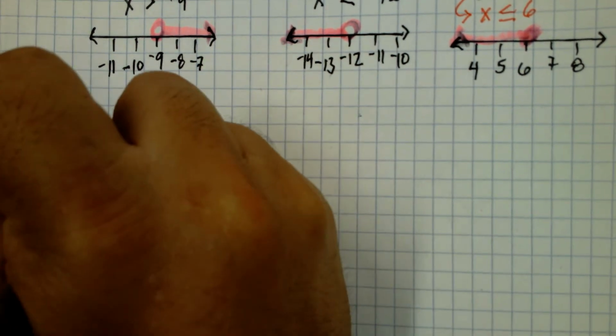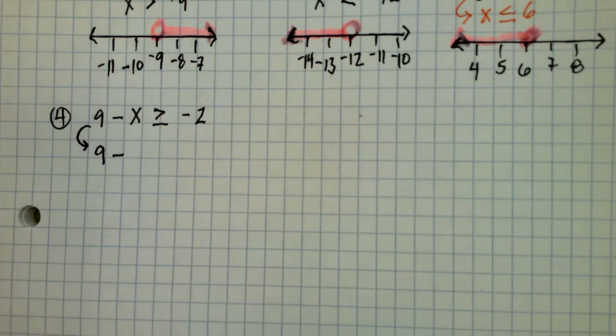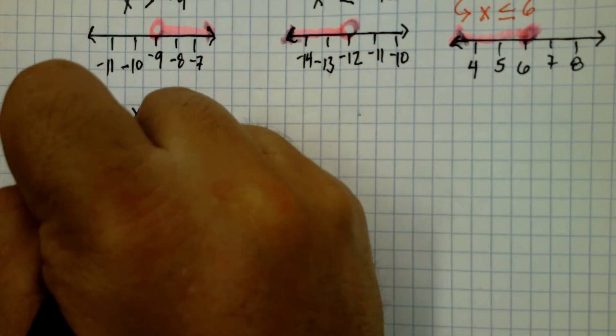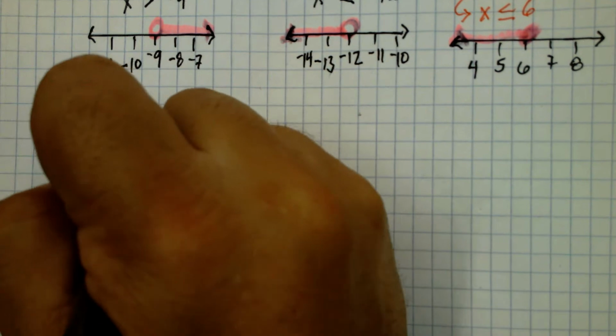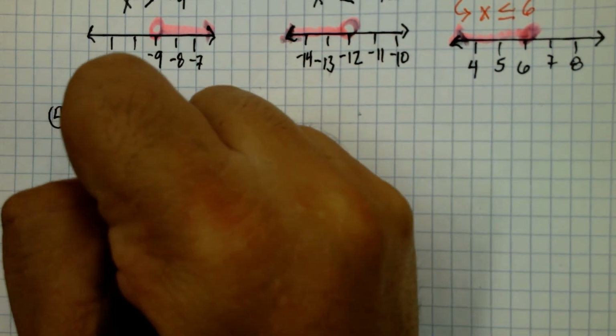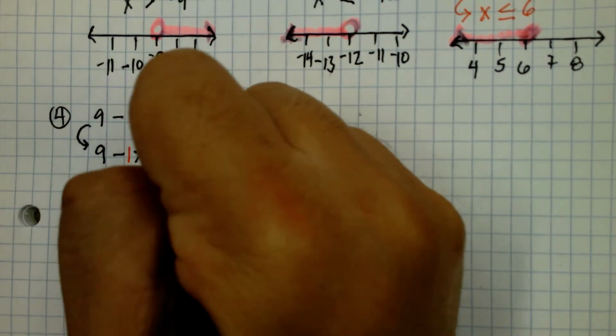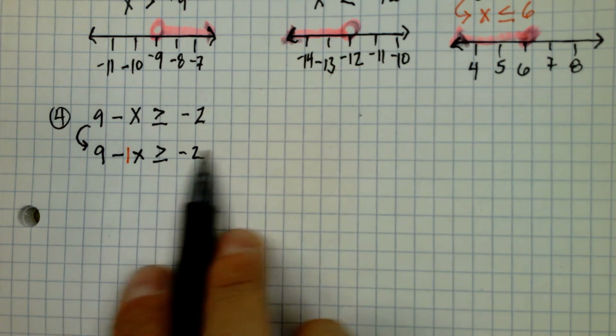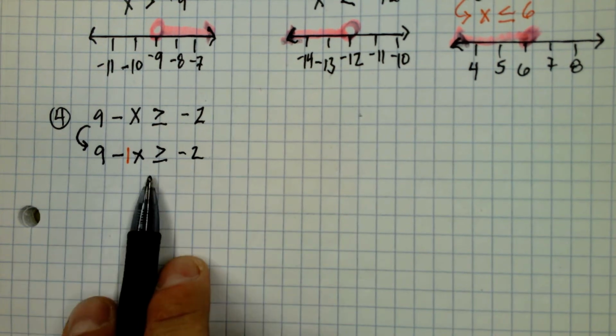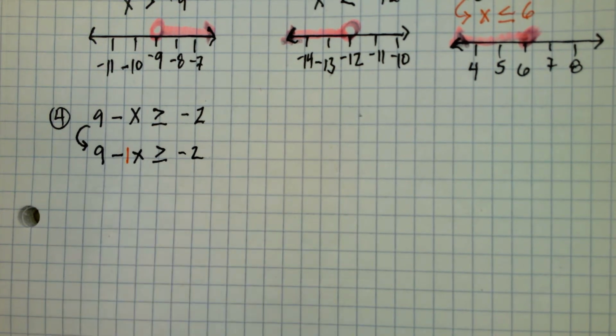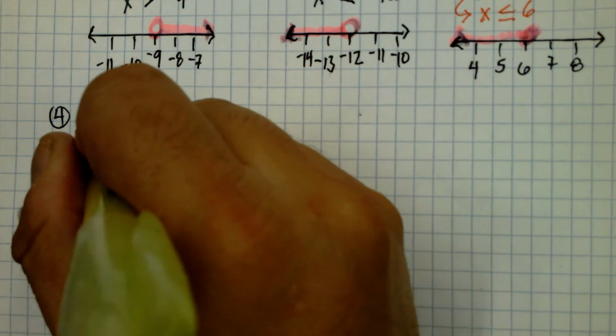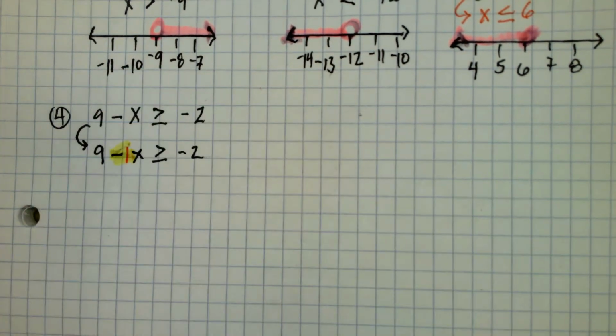So I'm going to write it this way. 9 minus 1x is greater than or equal to negative 2. So this is what it originally looked like. I'm going to change it this way because now that's telling me I'm going to have to divide by a negative. So I have a negative coefficient, negative 1.